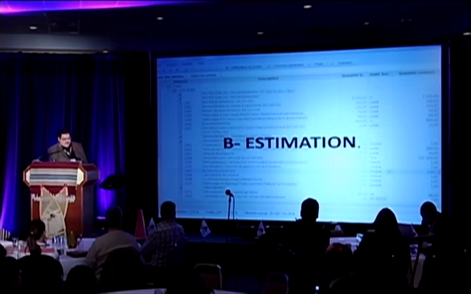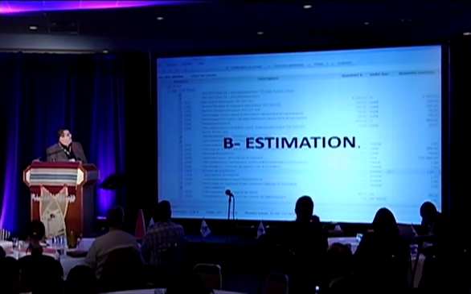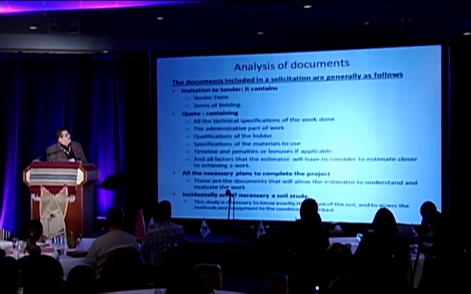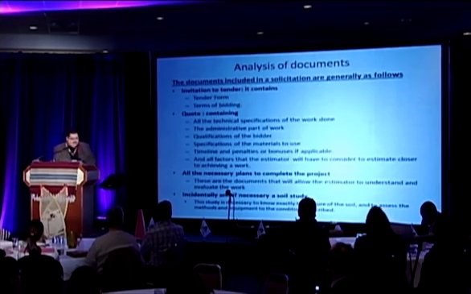All right, so a couple of examples on the estimation, things to look out for. All right, so in the analysis of the documents included in a solicitation, which is a call for tender, are generally as follows. Invitation to tender.